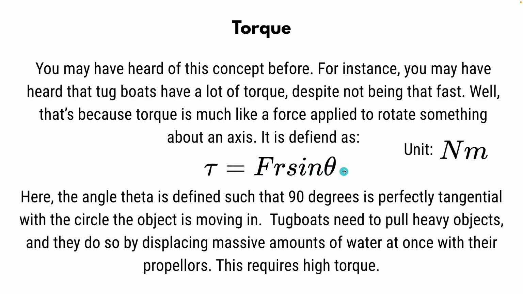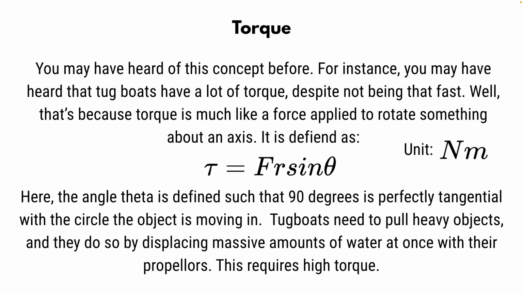If you're really interested, the exact definition of torque should be force cross radius, but in IB we use F r sine theta. Here the angle theta is defined so that 90 degrees is perfectly tangential with the circle the object is moving in.